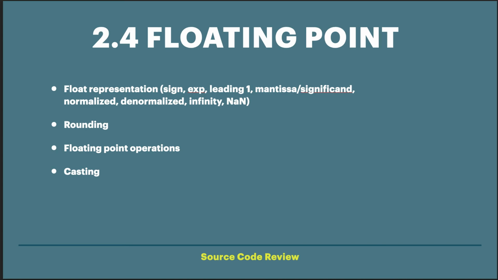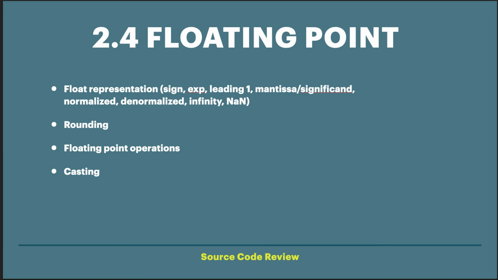The way it works is if the exponent bits aren't all 0, then you imagine a 1 in front of the mantissa. And the mantissa is the numbers after the decimal point. So essentially, if the exponent is not all zeros, you have 1 dot mantissa times 2 to the exponent.